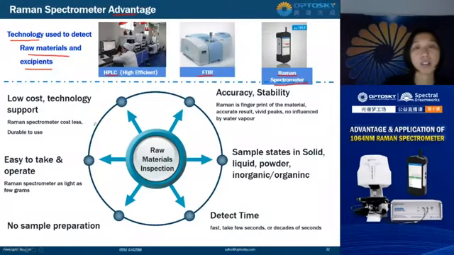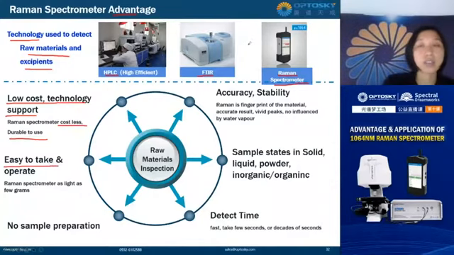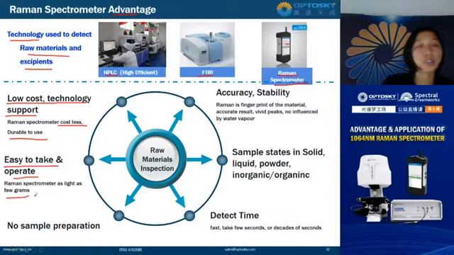Some advantages of handheld Raman: it is low cost. The Raman spectrometer costs less. It has no sample preparation, so it is durable to use. Its size is small, handheld, and easy to operate. It is only a few hundred grams, and its accuracy is stable.